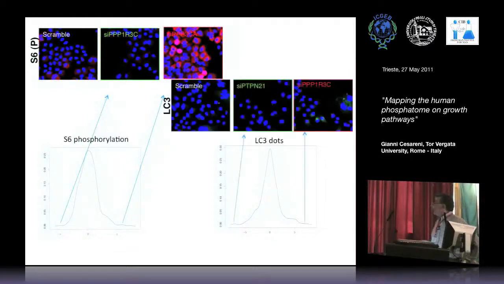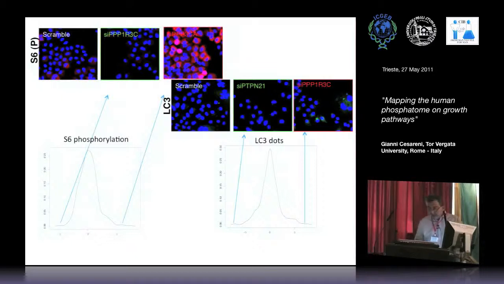In a similar way for LC3, perhaps you don't see it here, but in the conditions we are using you should see some spots even in the control, but these go to a lower level if we interfere with the phosphatase PTN21, while it increases with this other phosphatase.